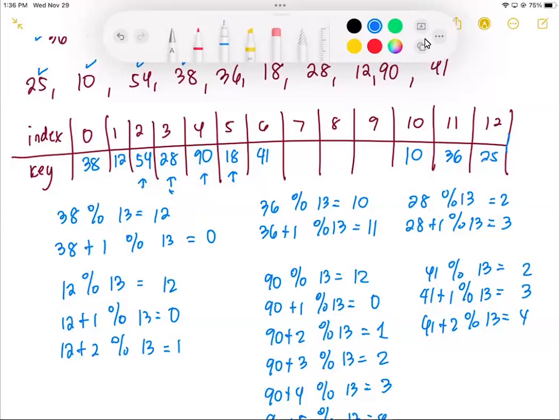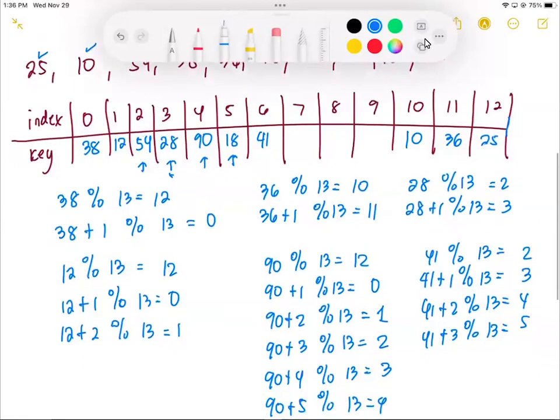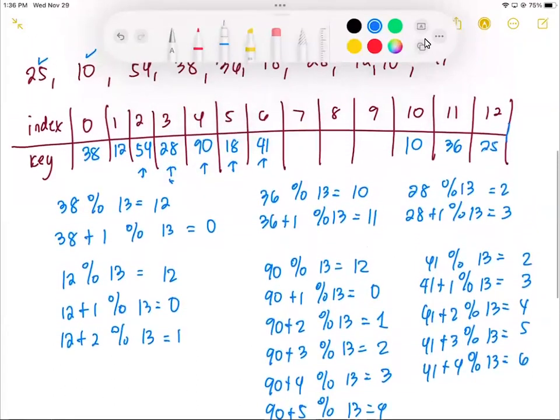Then 41 plus 3 modulo 13 is equal to 5, still not empty. Then 41 plus 4 modulo 13 is equal to 6, the sixth bucket. Finally, 6 was empty, so we added 41 in there. So this is what we have done so far. This is how linear probing was done.